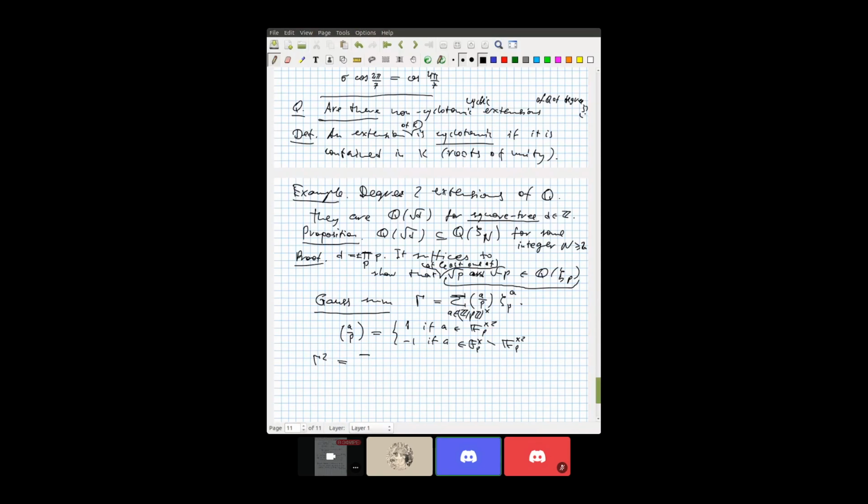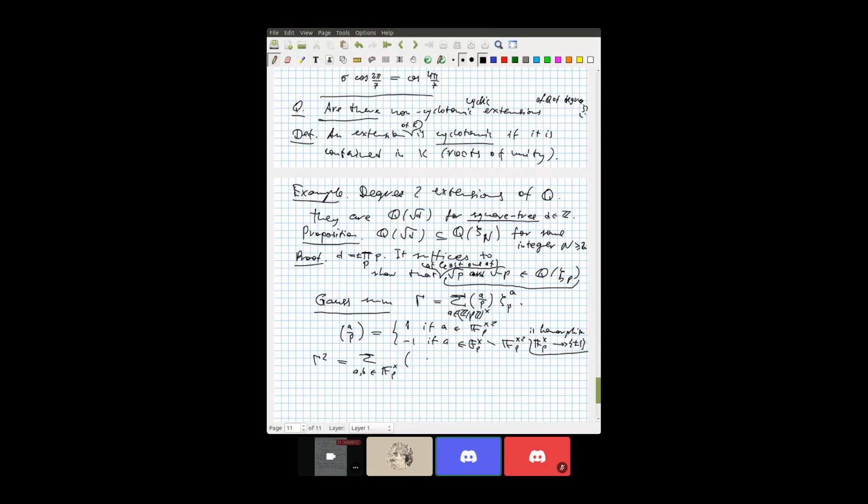What is gamma square? It is the sum over pairs a and b. And the point is that the Legendre symbol is a homomorphism from the multiplicative group of the residue field to the group of two elements, plus or minus 1.